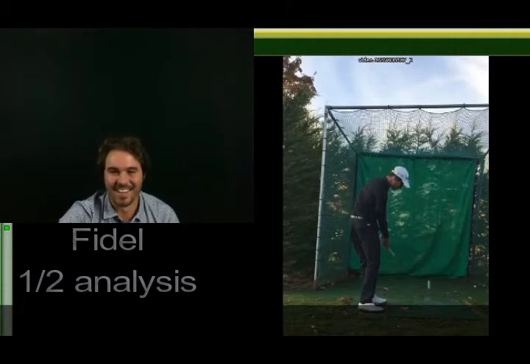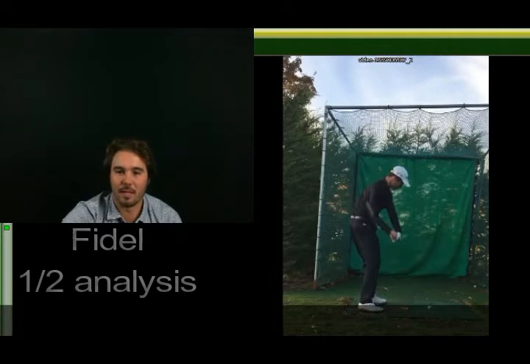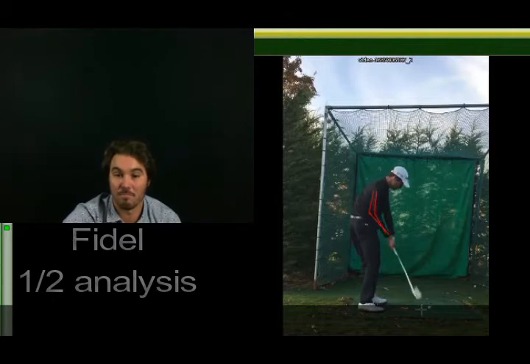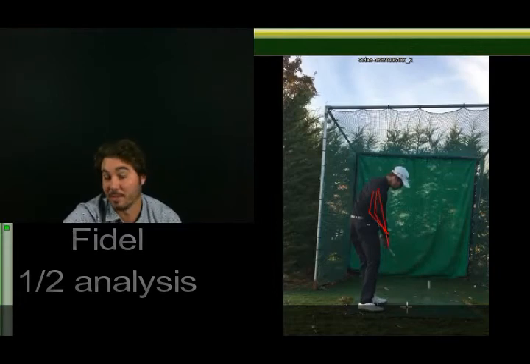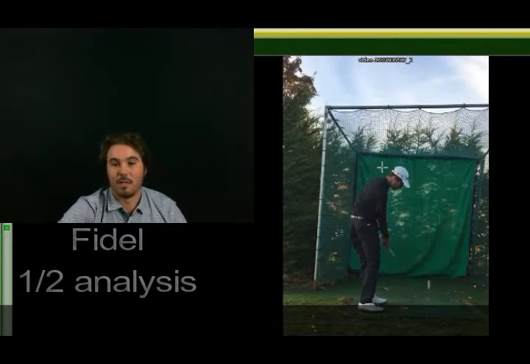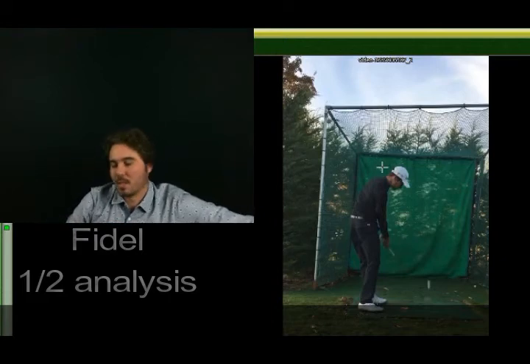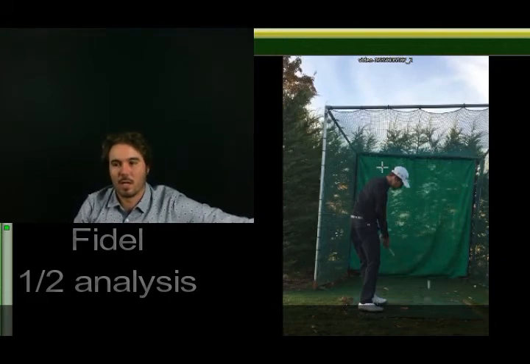Anyway, what's really not ideal here is that we can see that his right elbow is going to extend quite a bit, actually. If I had face on, I would say it's perfectly extended at impact, which is not good. So I think Fidel, well, he's young, I think he's playing for quite a while now.